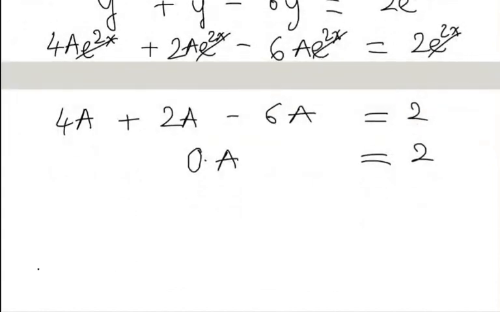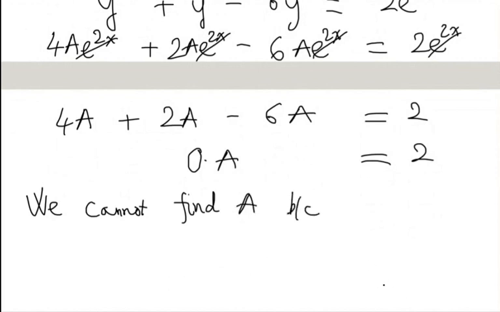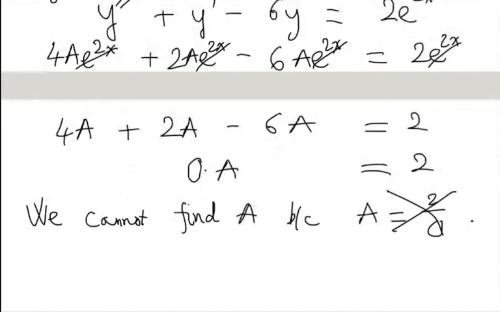Well, we cannot find A. Because 0 times A must be 0, it cannot be 2. Or if you think the other way, you could say A will be 2 divided by 0, which of course doesn't make any sense. So we cannot find A.